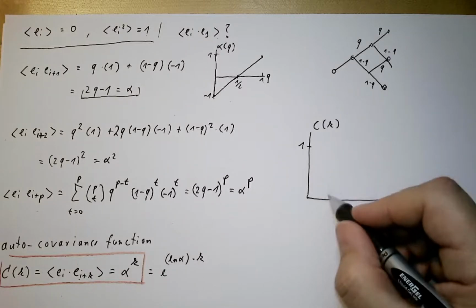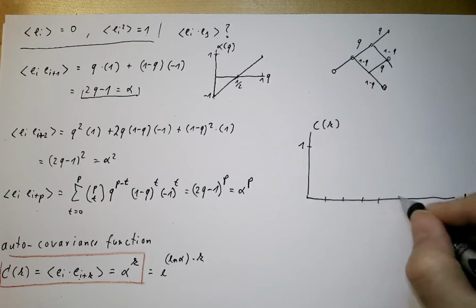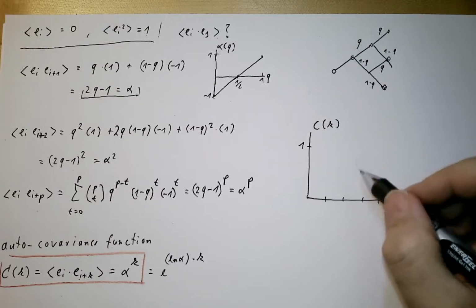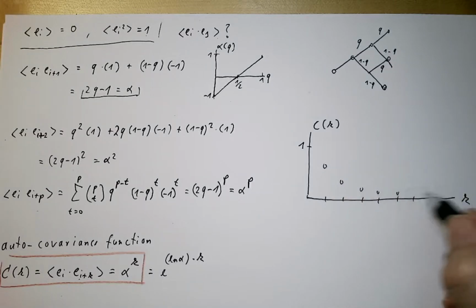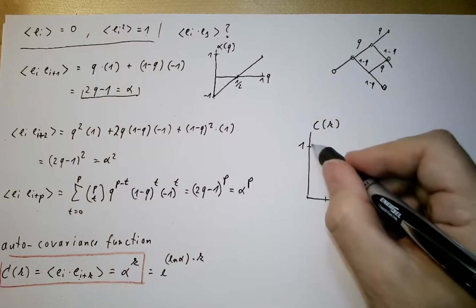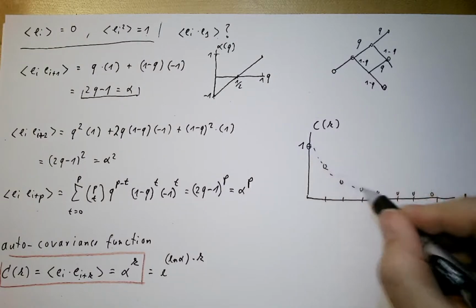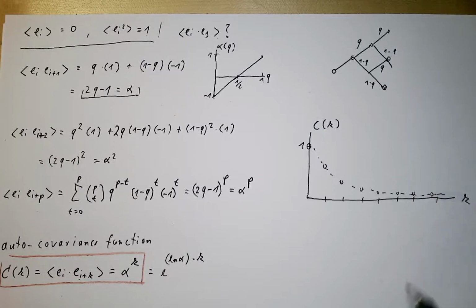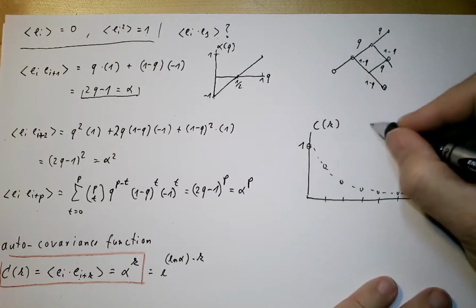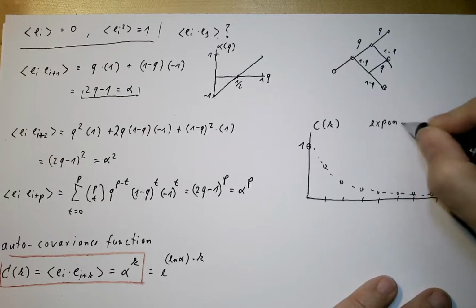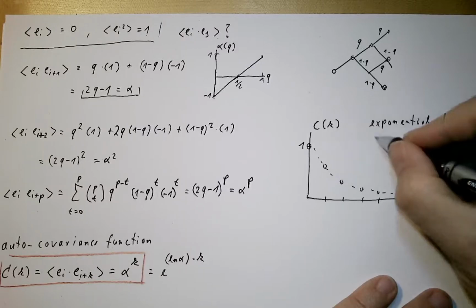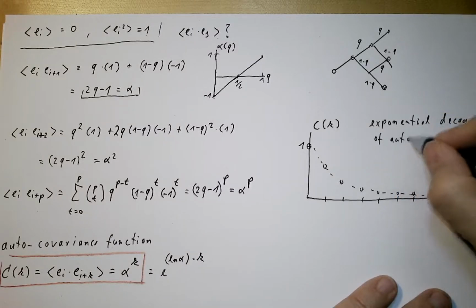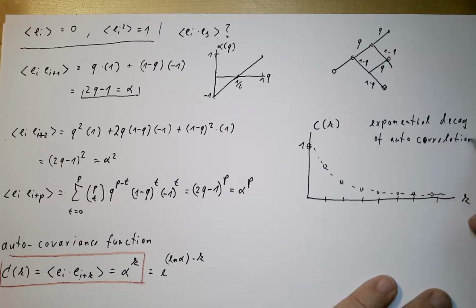So it's alpha to 0, it's just 1. And now we go down with our discrete steps, and so we have a function which is decaying exponentially. So we have an exponential decay of the autocorrelation.